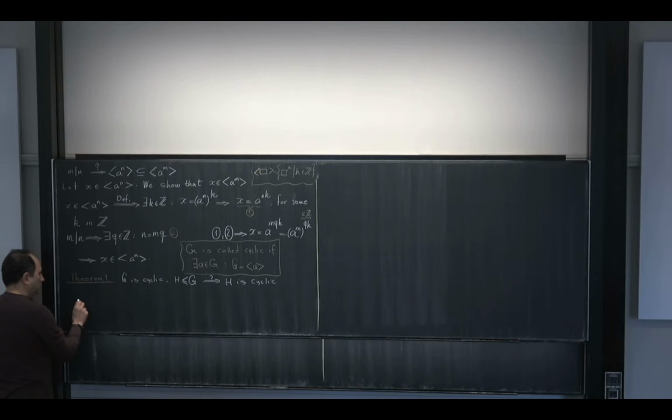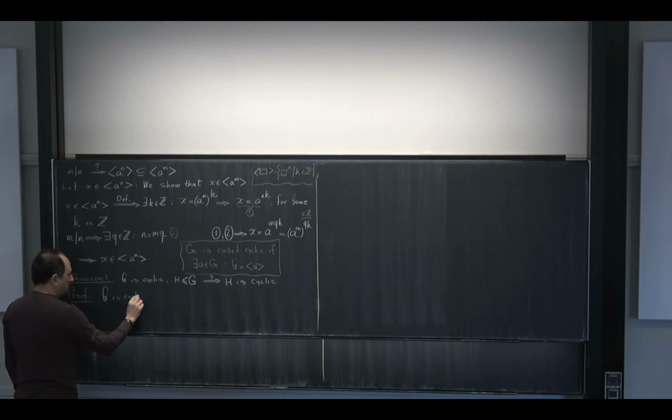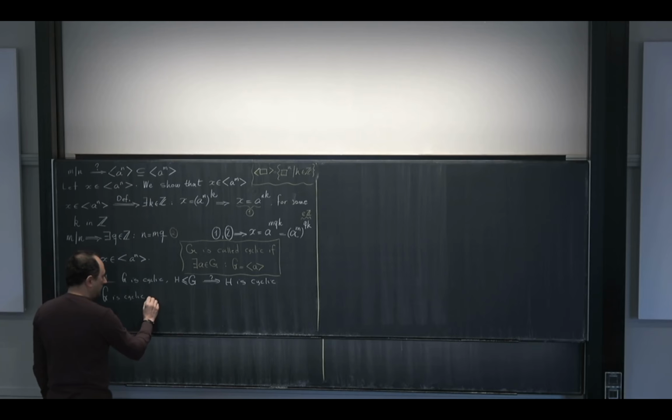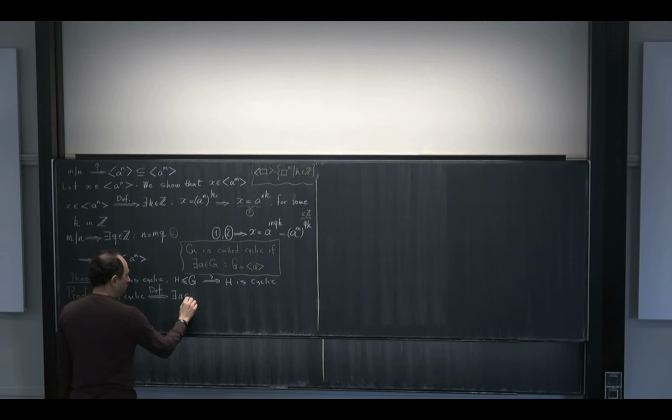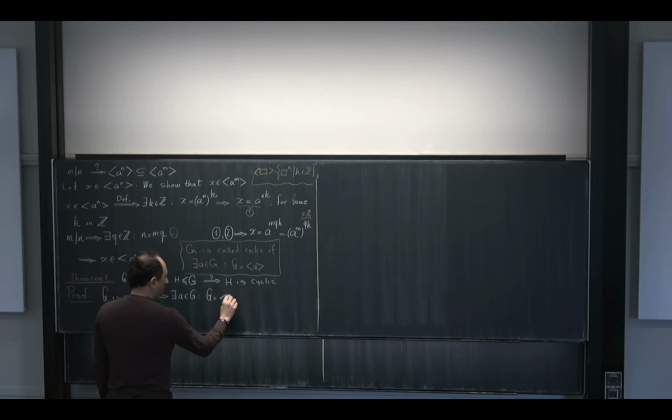But let us translate this. Exactly, you see it on the board. When you tell me G is cyclic, exactly the definition. What does it mean? It means that there exists a in G such that G is equal to this.